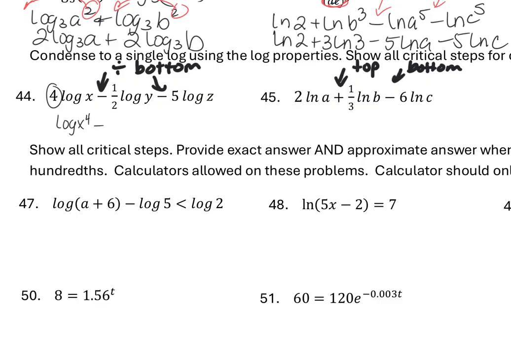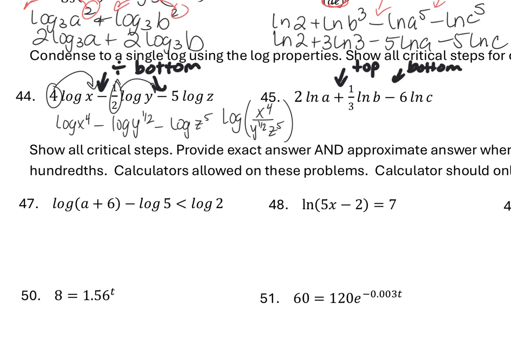My coefficients are going to become exponents. So 1/2, so log y to the 1/2, and log of z to the 5th. Now, like I said, we're going to put the x to the 4th in the top, and both the y and the z are going to go in the bottom because they're both subtraction. Y to the 1/2, z to the 5th. And that's my single log.